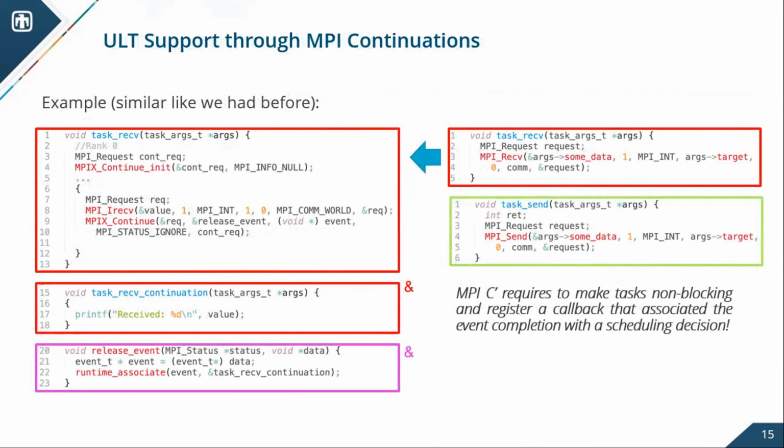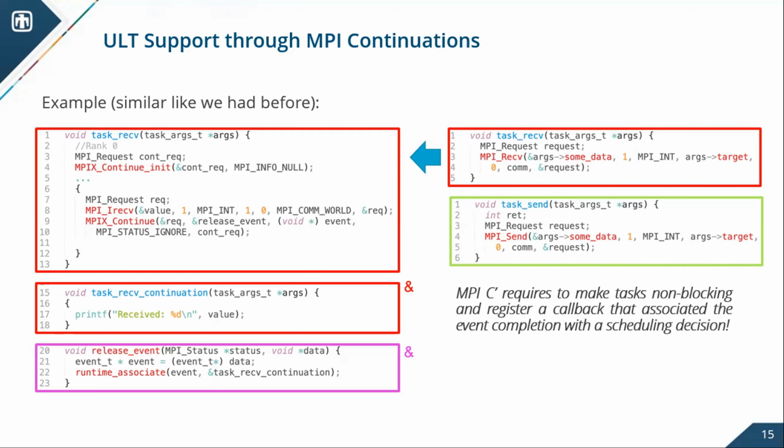Now, remember my red and green rectangles from the previous slide. In order to use continuations, this doesn't come completely free like with the previous technique, where we added the polling into the OpenMPI main progress engine. Here, you will need to do a little bit of code refactoring.